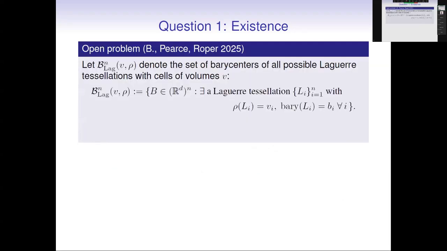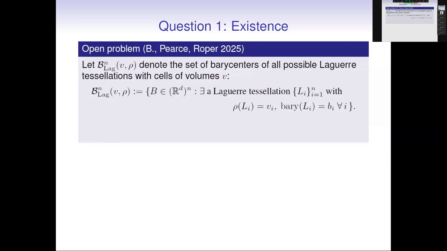So this is our open problem. It wasn't open for very long; it's hardly Hilbert's 10th problem. But this is what we couldn't do in our first paper. I'm going to let B_n^lag denote the set of barycentres of all possible Laguerre tessellations with cells of volume V. In other words, it's the collection of n seeds in R^d such that there exists a Laguerre tessellation with cells of volume V_i and barycentres b_i.